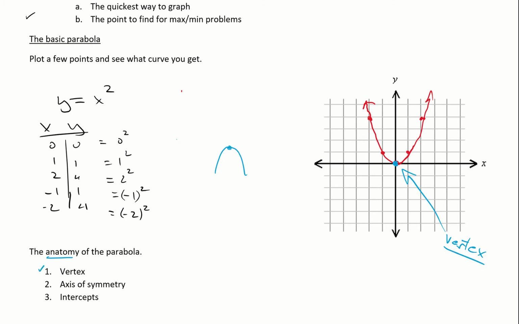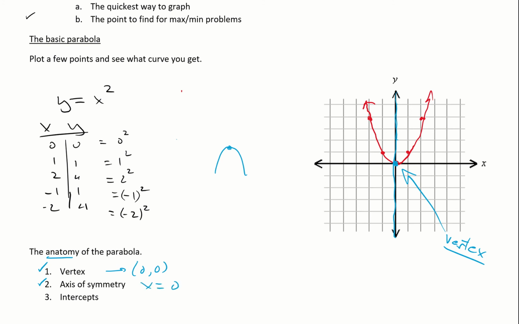So that's the vertex. The axis of symmetry is the vertical line that passes straight down the middle. Okay, so it's going straight, slicing right through the parabola, and they call that the axis of symmetry. So far in this picture, the vertex is the point (0, 0), and the axis of symmetry is really the y-axis, but we would say x equals 0.